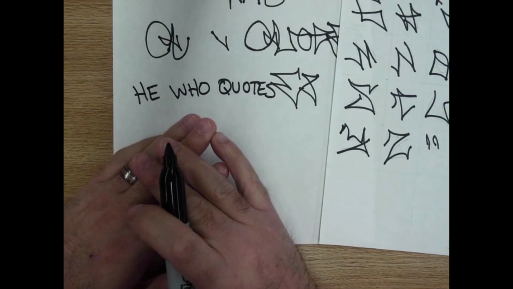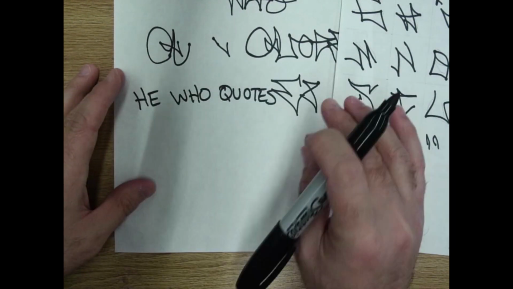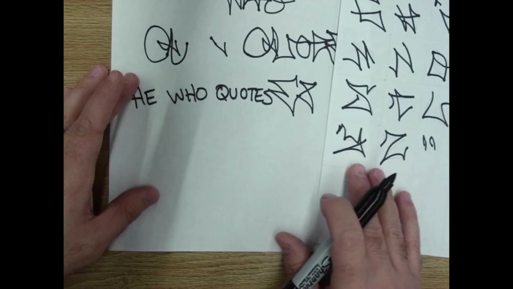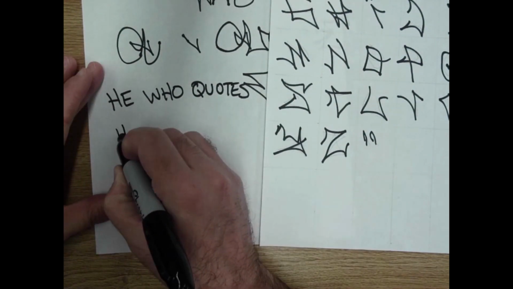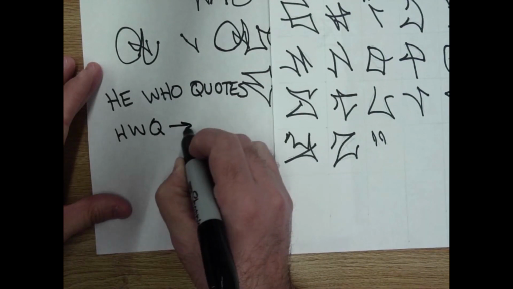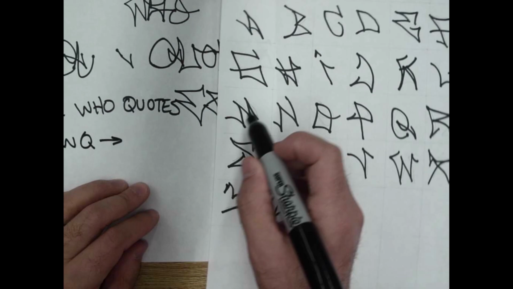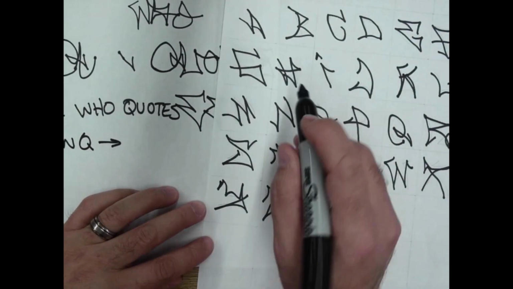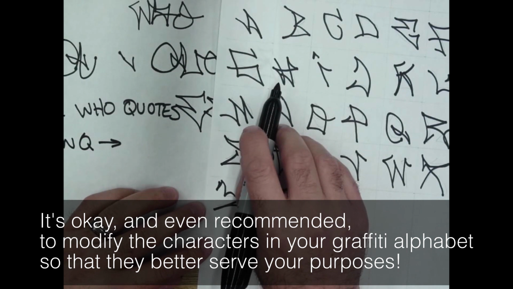So I'm going to dispense with writing out He Who Quotes in long text, and I want to experiment with just the initials HWQ, and convert it to my graffiti alphabet. I need to modify this because it's super messy, and this H is going to take me a really long time to make.